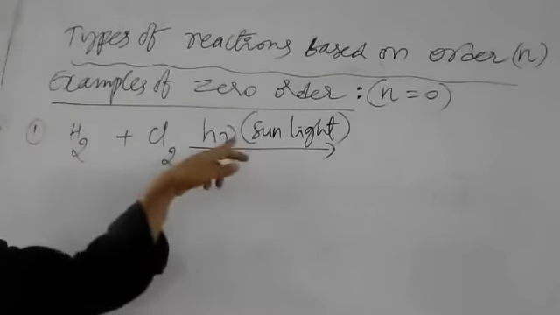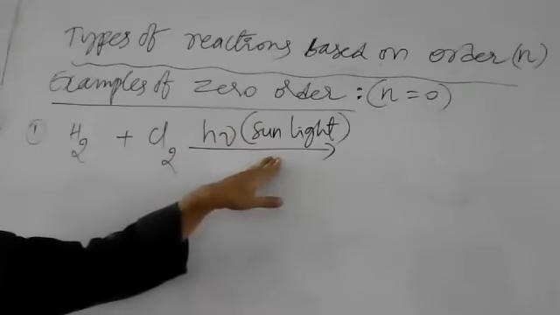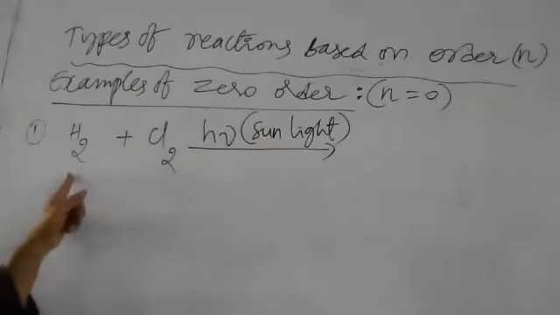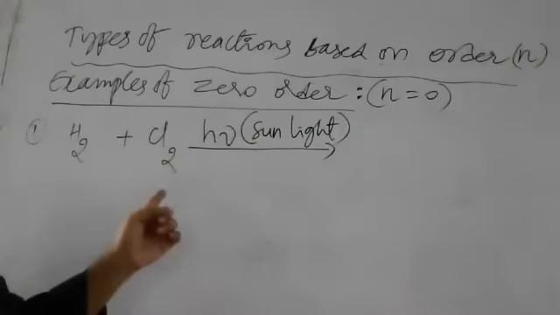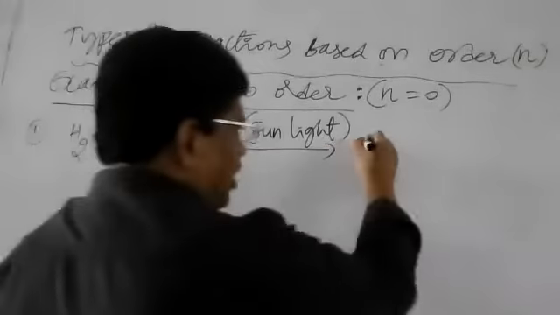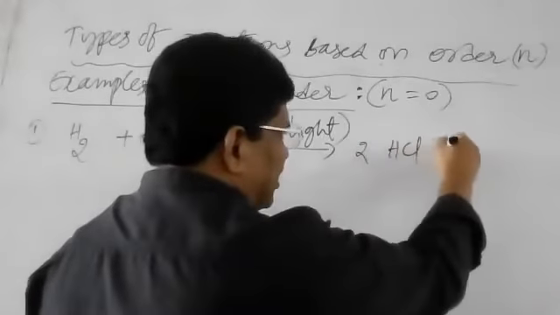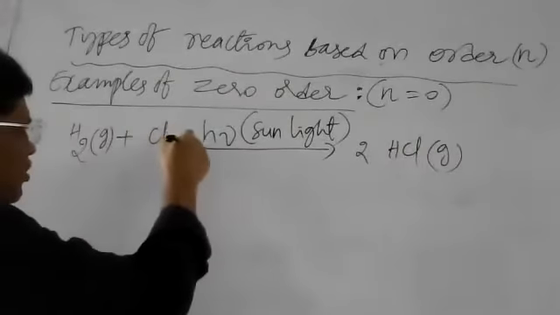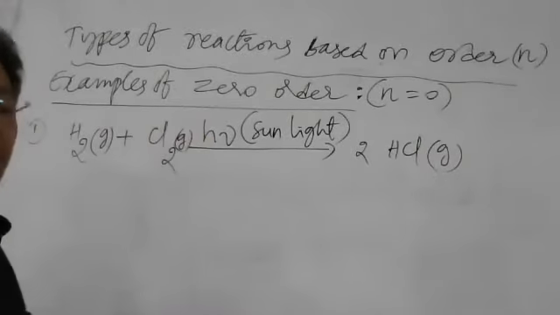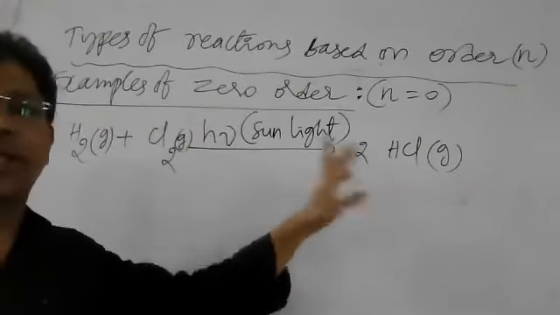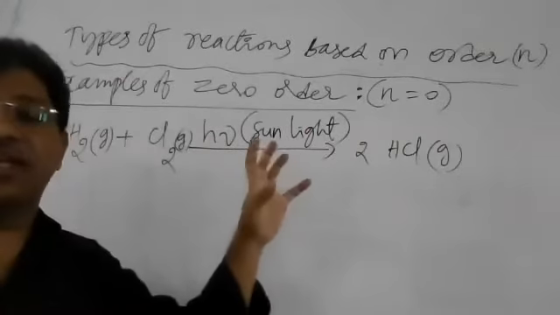So h nu indicates sunlight, the presence of radiation. H2 molecules react with Cl2 molecules, and H2 plus Cl2 gives 2 HCl gas.